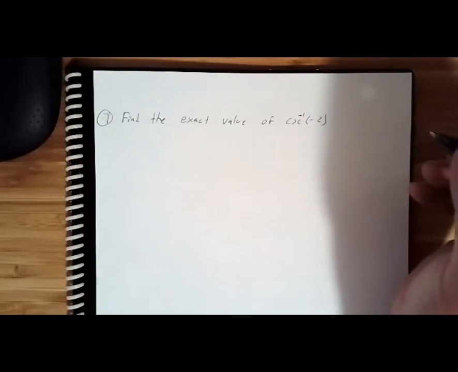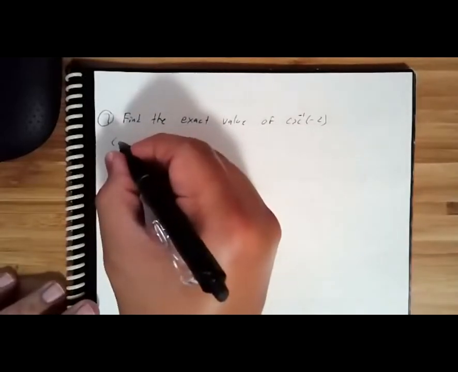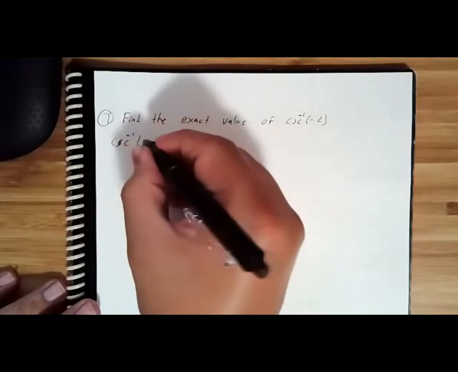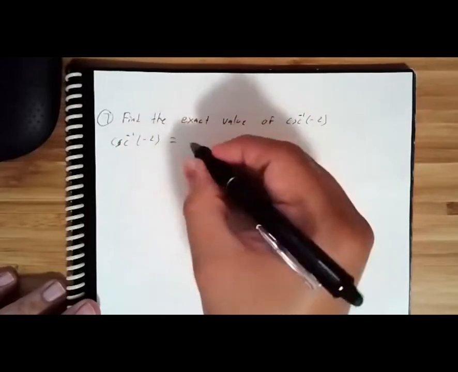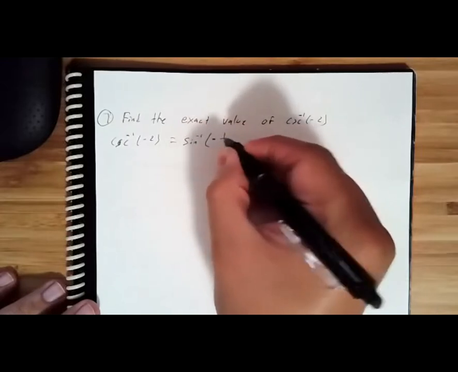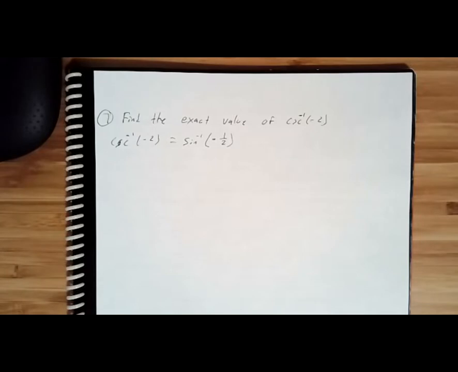Cosecant inverse. So there's a property that says that you can change to the reciprocal. So that is equal to sine inverse of the reciprocal. You just flip the 2 over. The sine and cosecant are reciprocals of each other, but if they're in inverse form, you can still do this.